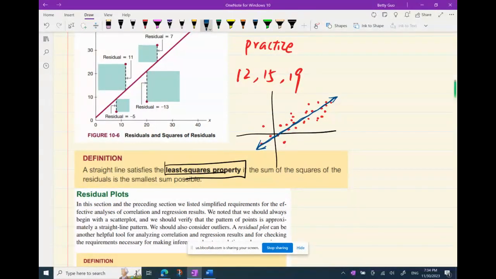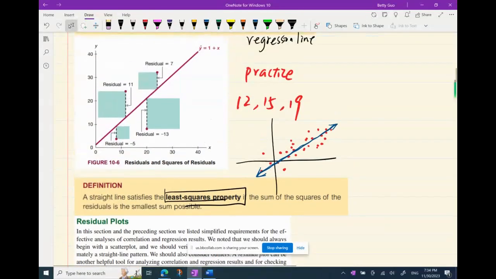Let me explain what a residual is. As you can see from this graph, this point is one of the points in the scatter plot, right? If we look at the vertical distance between the point and the line, that's 11, right?